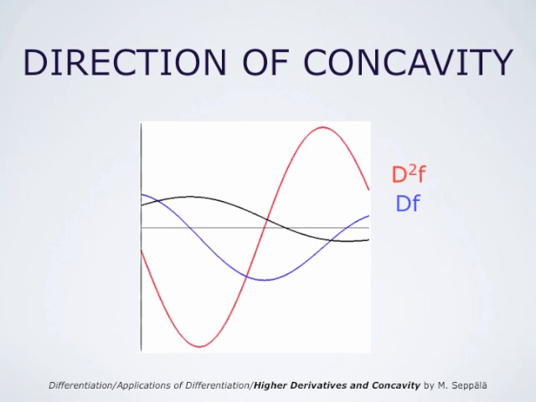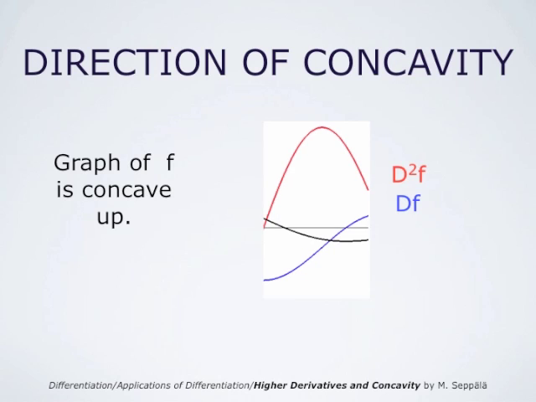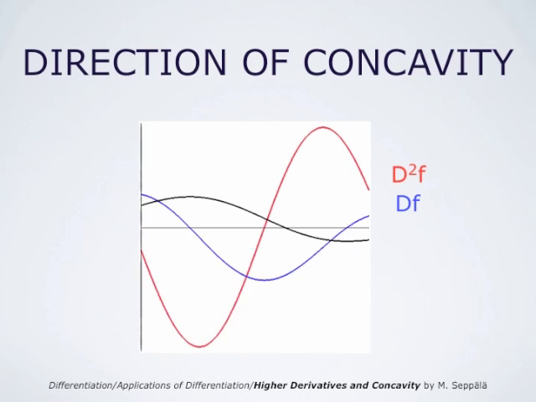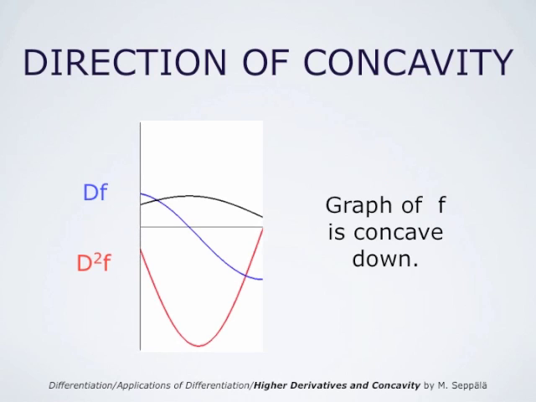The portion where the second derivative is positive corresponds to the area where the graph is concave up. So the graph is concave up in this region, and the black curve clearly is concave up. If the second derivative is negative, then the graph is concave down, so the graph is concave down in this region.